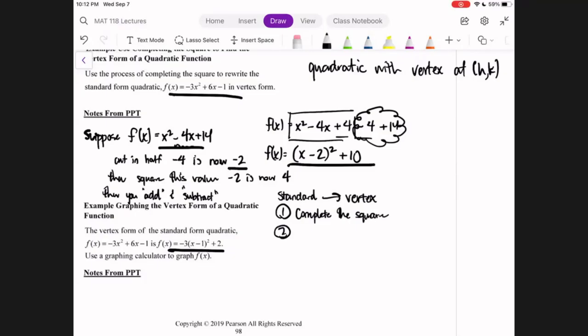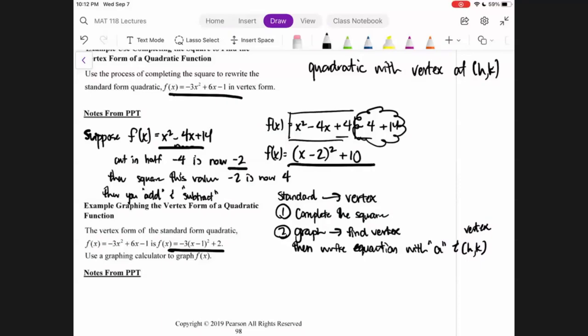The second method is you graph, you find the vertex, and then write the equation with a. Remember, a is from your standard form, and your h, k, which is, remember, this is your vertex. So let's practice the second method with this one right here.